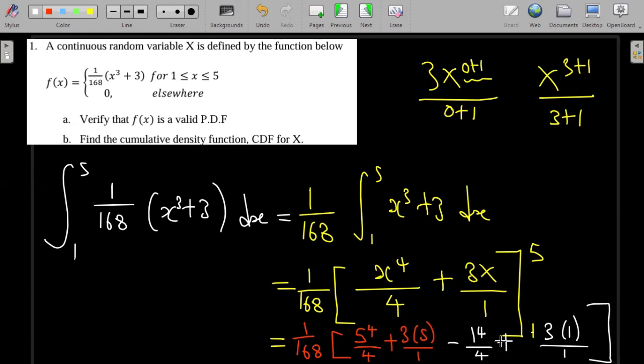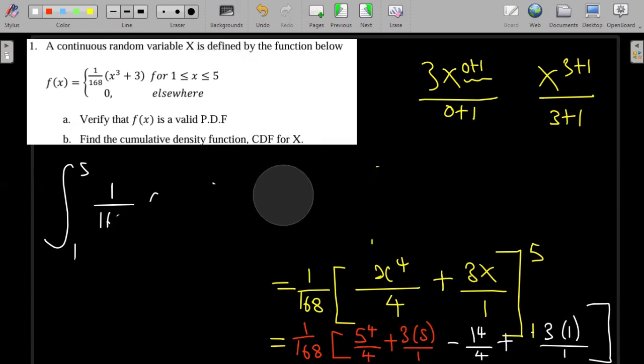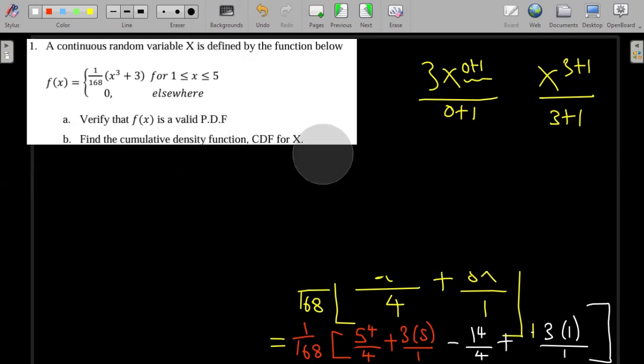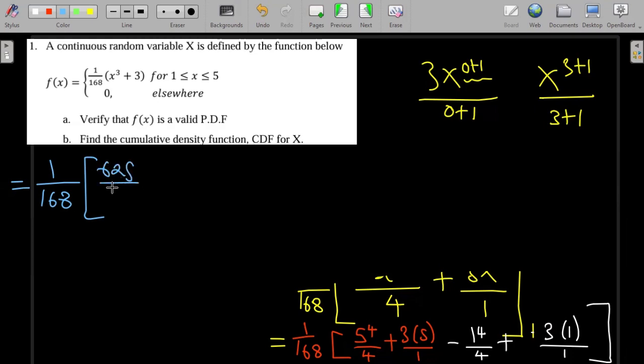So what are we going to get once we do that simplification? You just get your calculator and try to find those values. So the first one is, I have 168 here, and then I have 5 to the power 4. 5 to the power 4 is going to give me 625 over 4 plus this 3 multiplied by 5, that is 15 over 1.